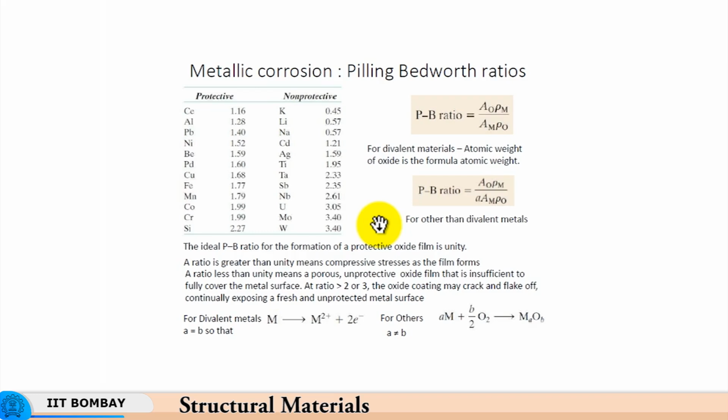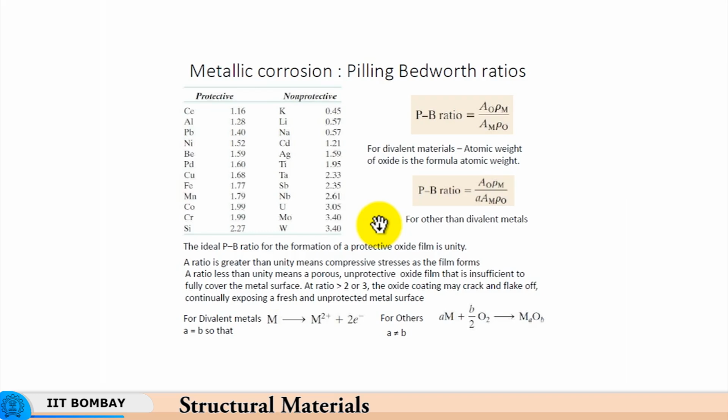That is why for Fe2O3 I would use this formula as compared to this. So, the Pilling-Bedworth ratio would be based on A naught rho m upon A atomic weight of metal into density of the oxide that is formed.